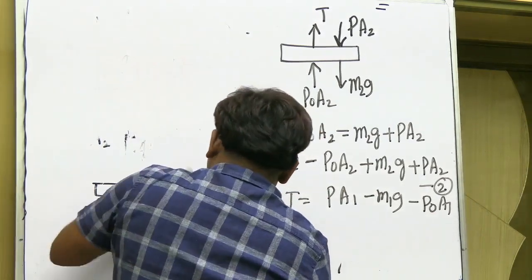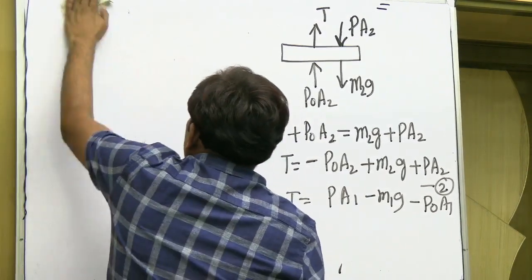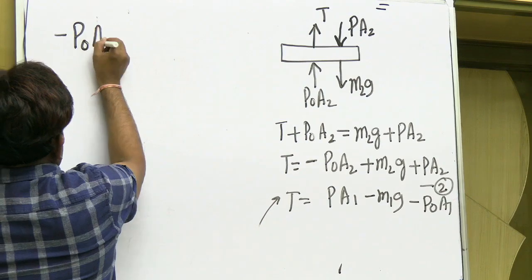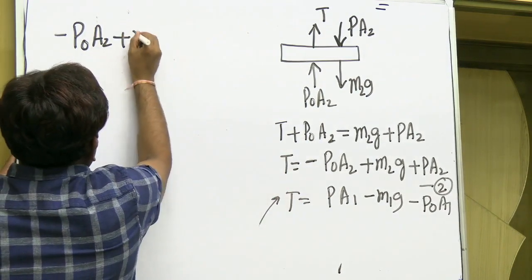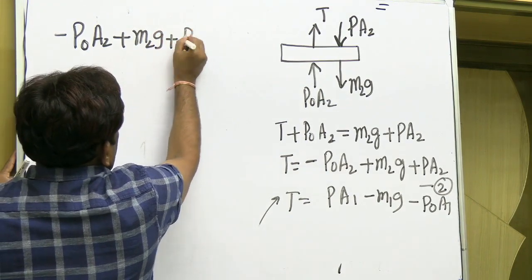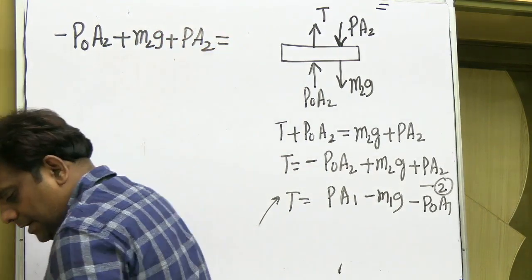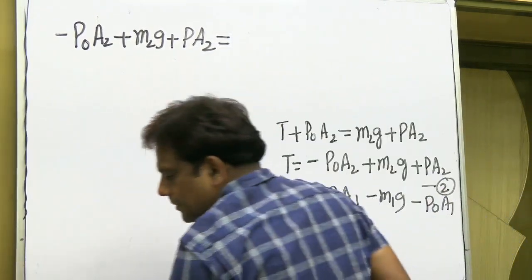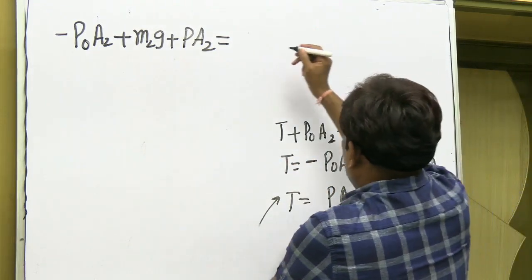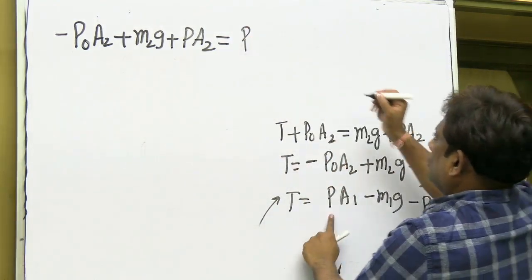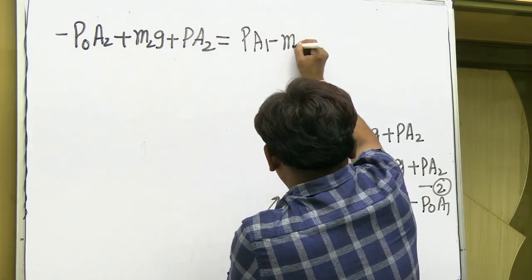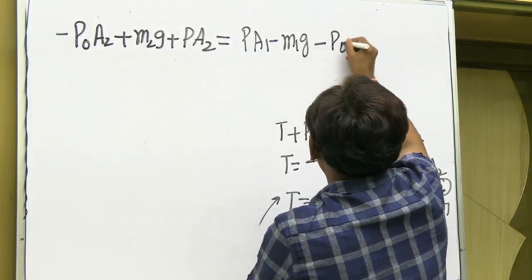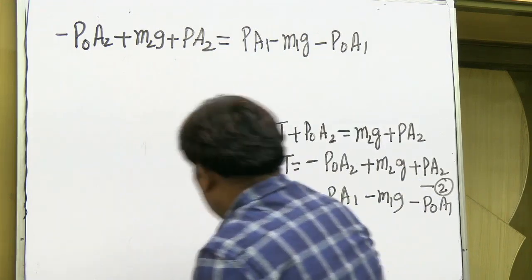So we have minus P0 A2 plus M2G plus PA2 is equal to PA1 minus M1G minus P0 A1. Excellent. So no issues at all.